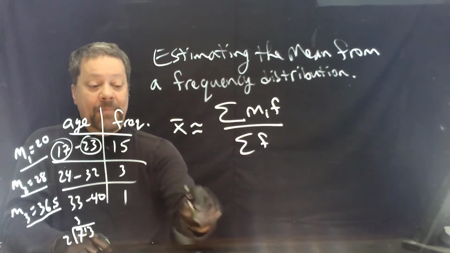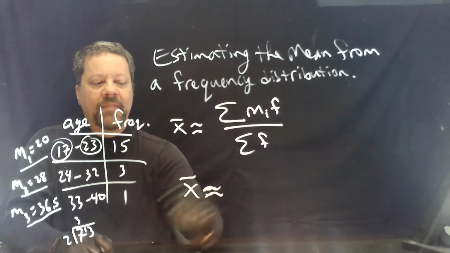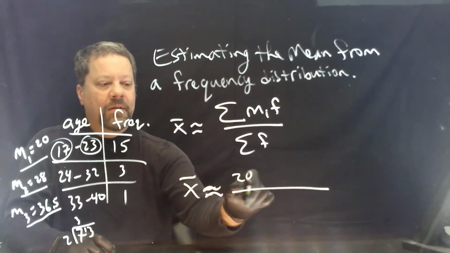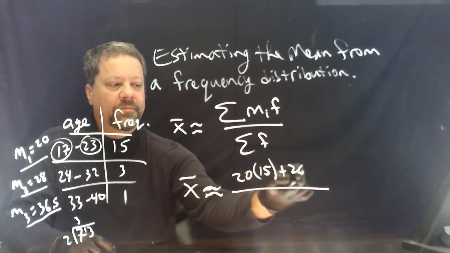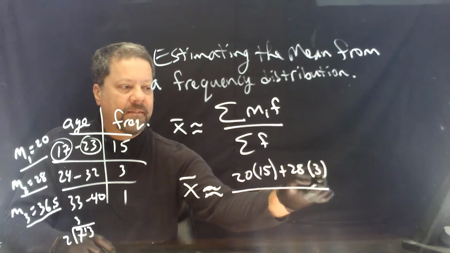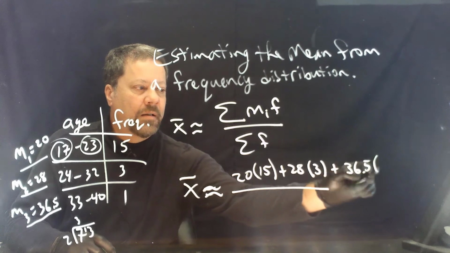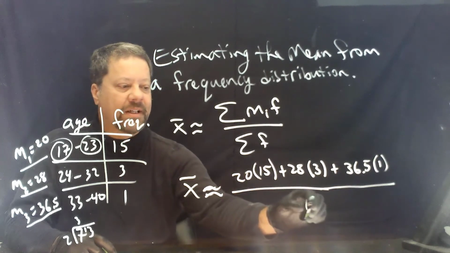We can estimate then the mean by approximately doing the following. We'll take these midpoints and we'll multiply by the frequencies. And divide by the sum of the frequencies, which was 19.